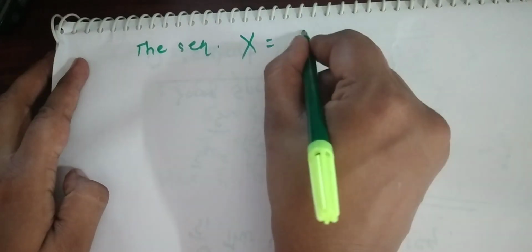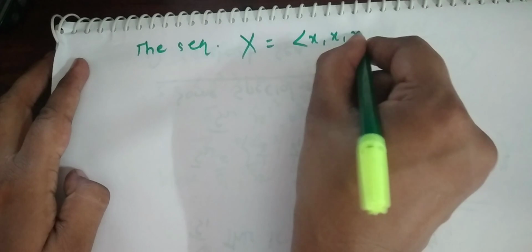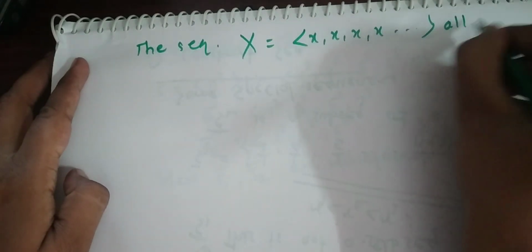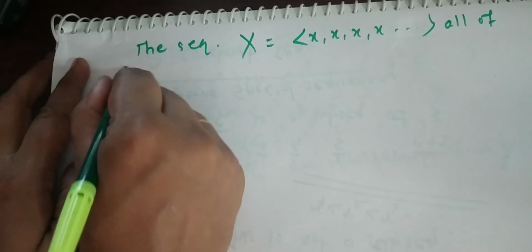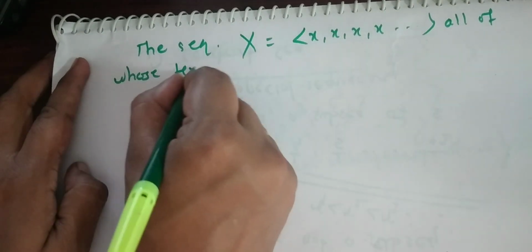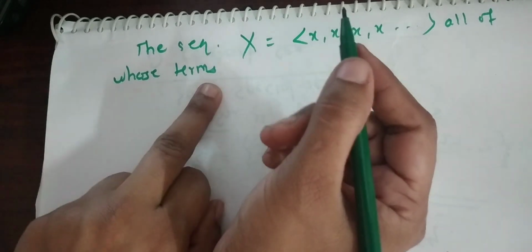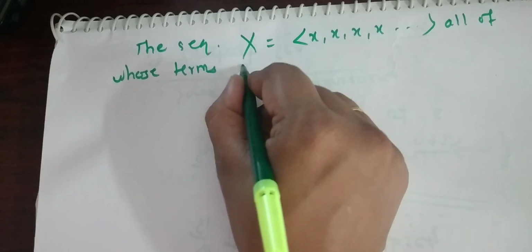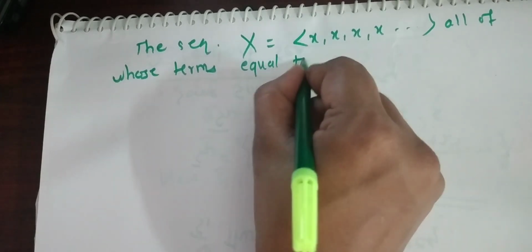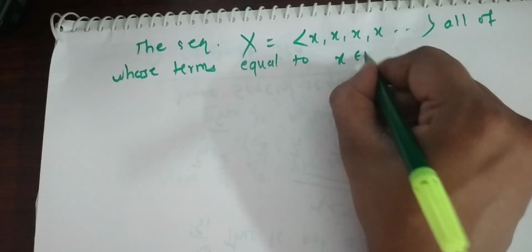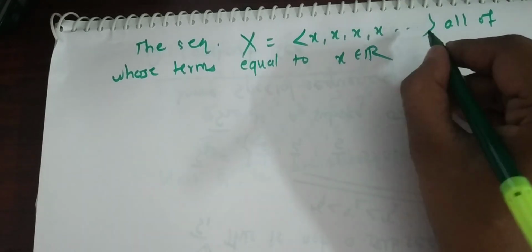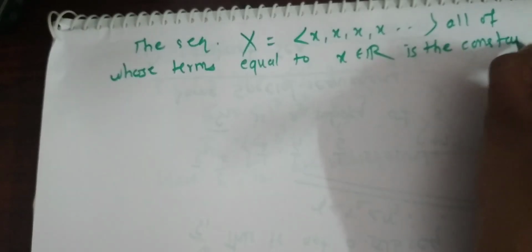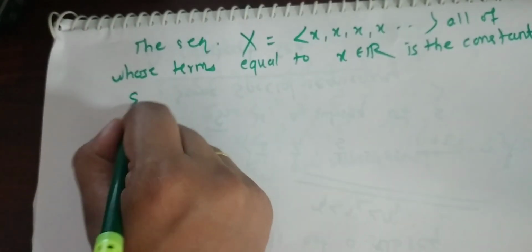x, x, x, x means all numbers are the same. This is the definition of constant sequence: all of whose terms are equal to x belongs to R is the constant sequence.